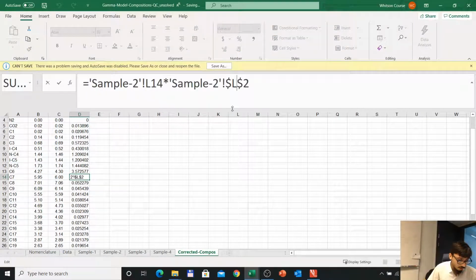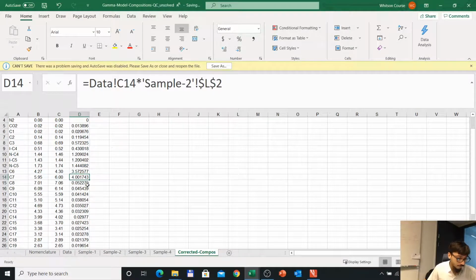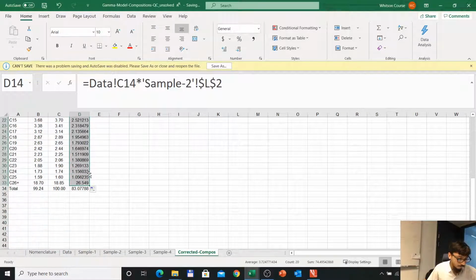Something is not right. Sample 2. This should be multiplied with this one here. Yeah.